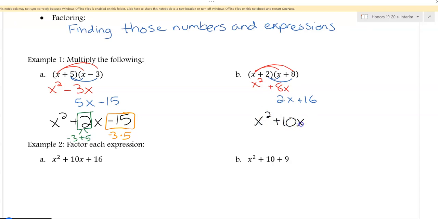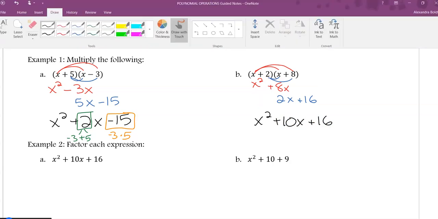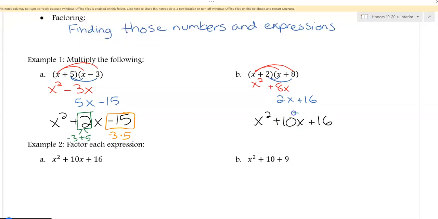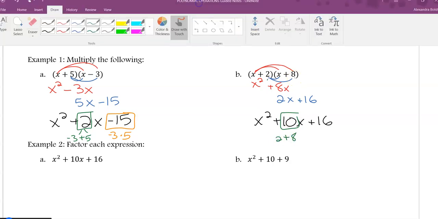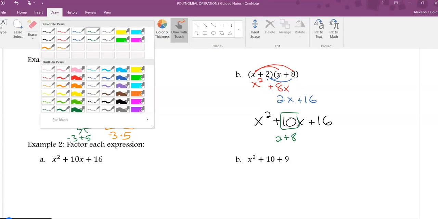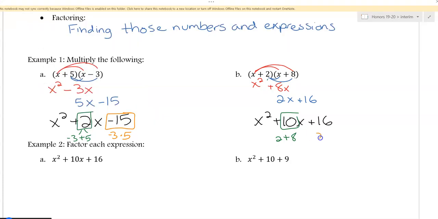Well, this first one should be easy. Okay, what we do is we're looking for two numbers that are going to act that way, right? Our middle number is addition, and our last number is multiplication. Okay, and we need to find the two numbers that are going to do that.